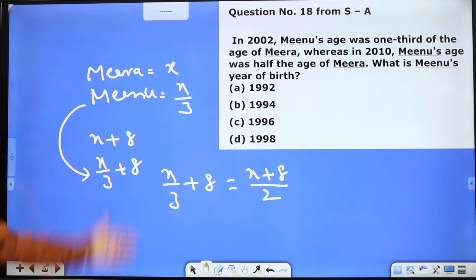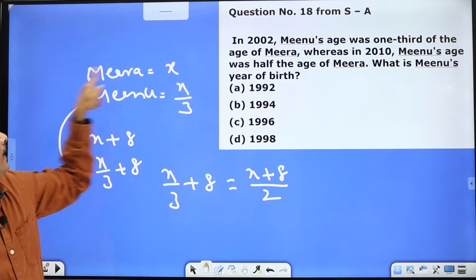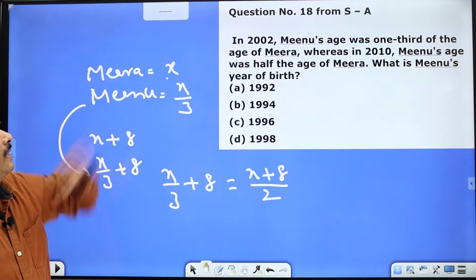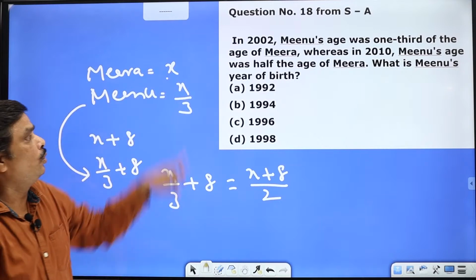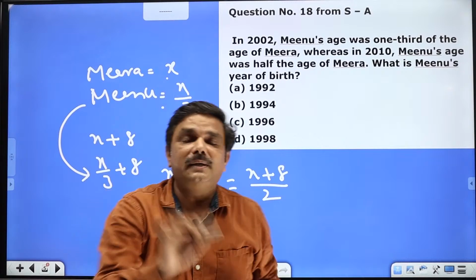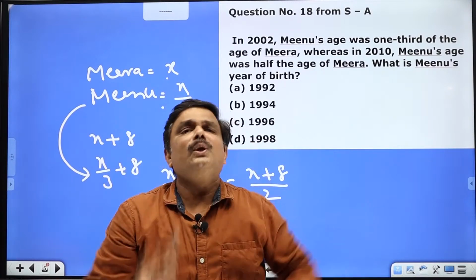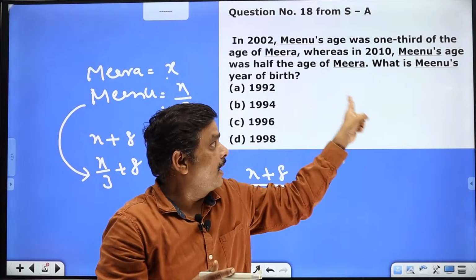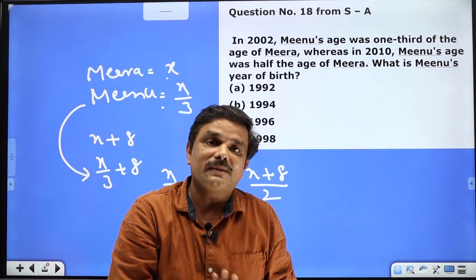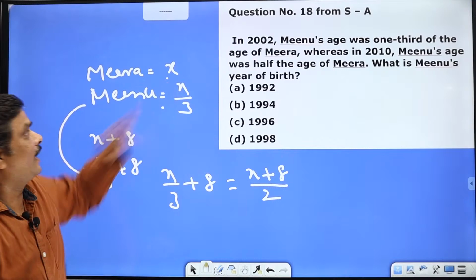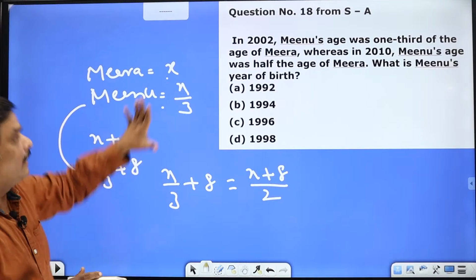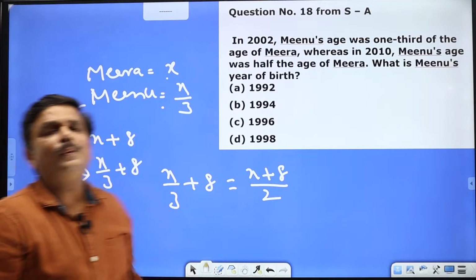You just solve the equation and you will get X. X is Mira's age. Divided by 3, you will get Minu's age. Based on that, you can find the year of birth of Minu or Mira, whichever is asked in the question. But students, I have given you this just for your idea. In competitive exams, don't go with algebra.